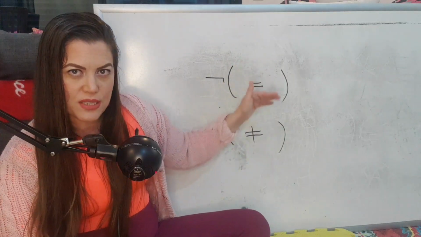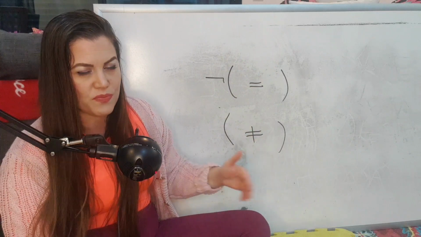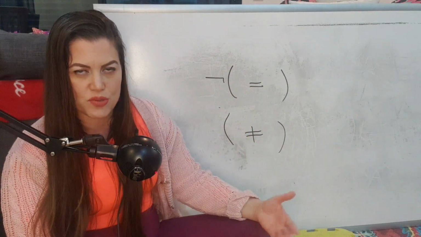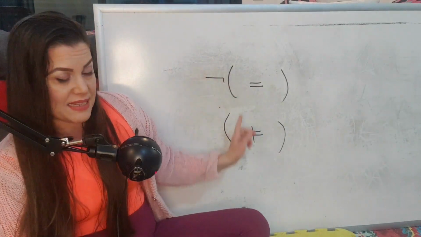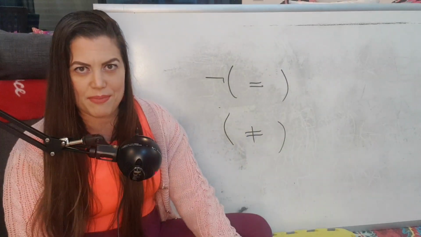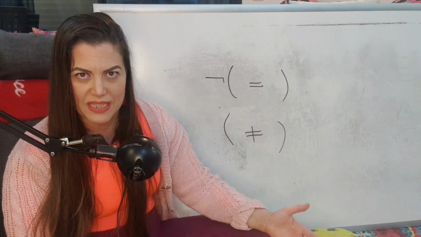And when I do it this way, those two phrases, the one above and the one below, are exactly the same. So I can choose whichever one I want, and if I choose to rewrite this sentence in this way, I am getting closer to my goal to get rid of all of the negation signs.